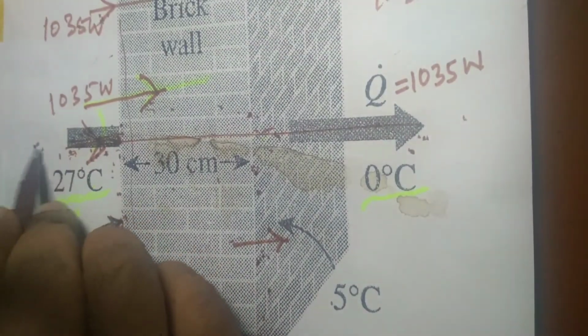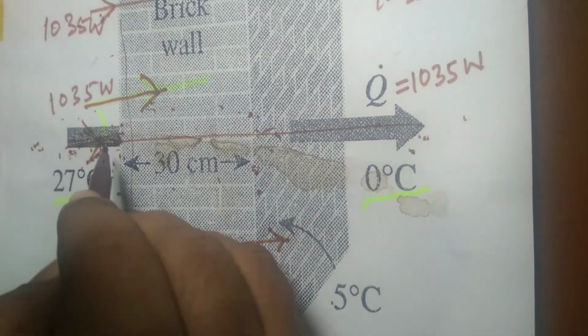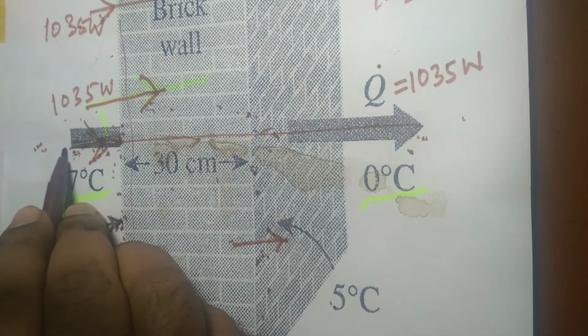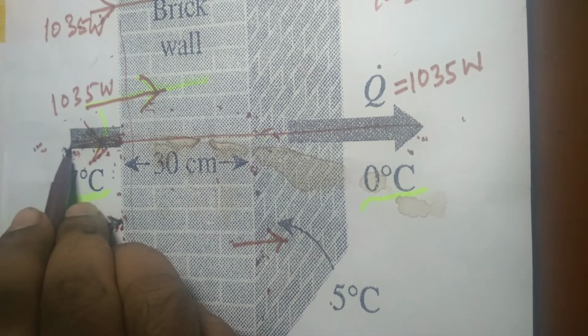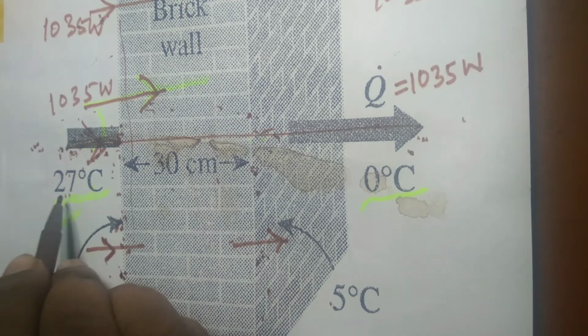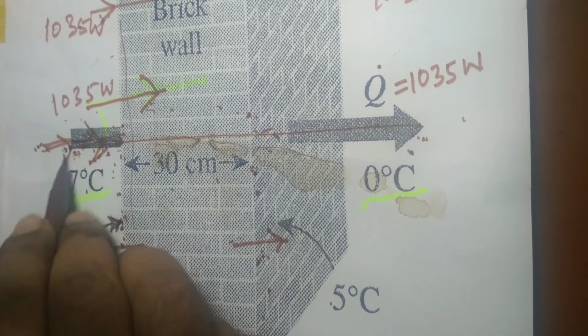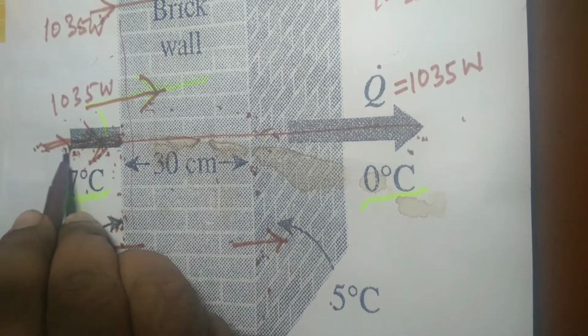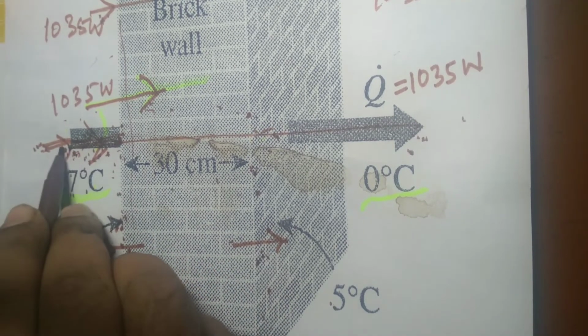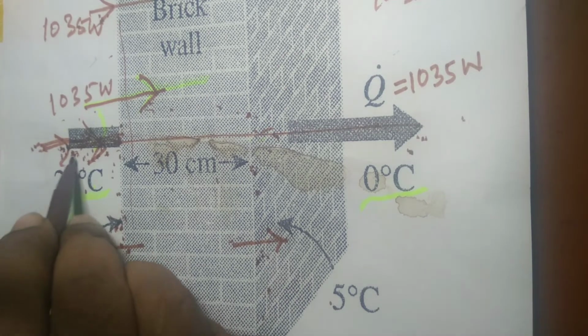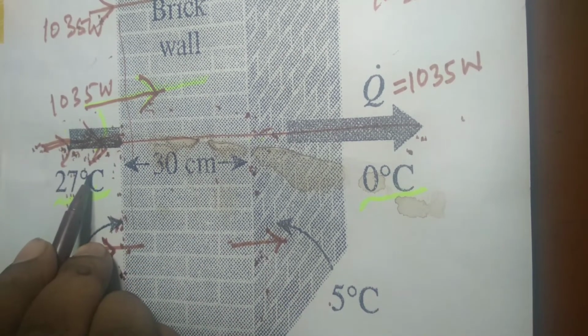Inside the room also that same amount of heat is flowing, but temperature is different. Here the temperature will be 27 degrees Celsius inside the room. While heat is flowing in the immediate surrounding, the temperature at which heat enters into this extended system is 27 degrees Celsius or 300 Kelvin.